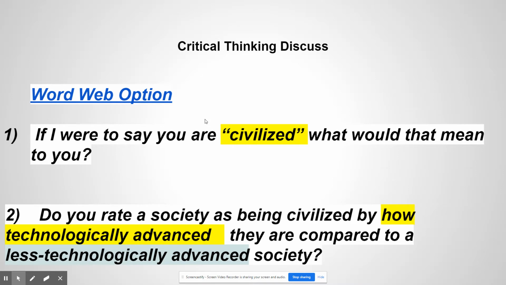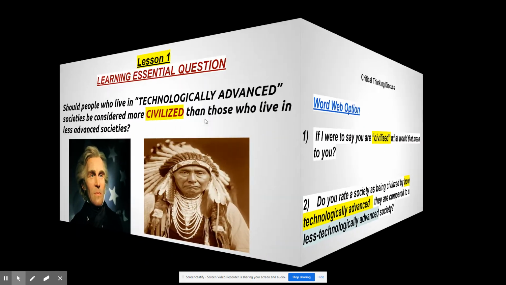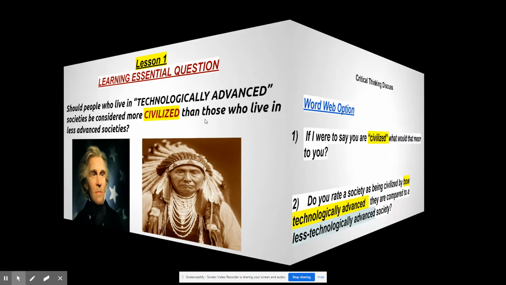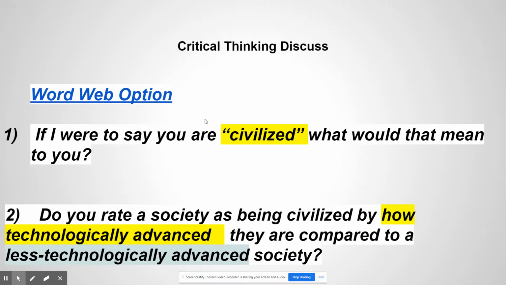But in order to really understand this unit, westward expansion, and by the image portrayed here, I believe some of you can see where I'm going with having the discussion of the word civilized if we look at these two individuals showcased in this first slide. So the first critical thinking activity we're going to do is we're going to discuss that word.